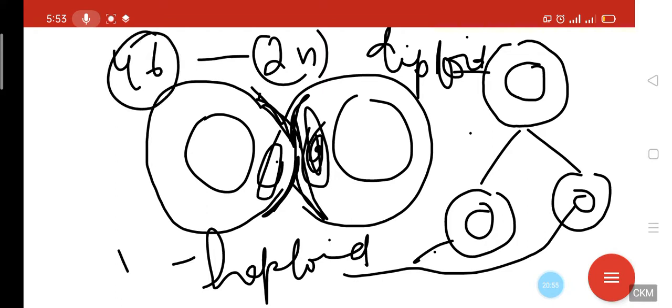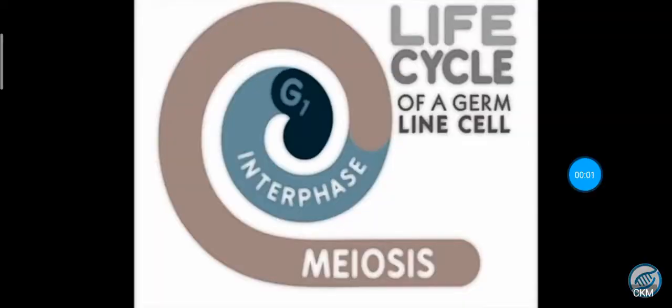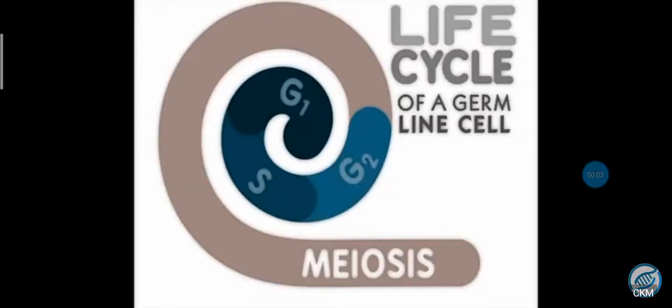Diploid means 2n, having 46 chromosomes, while haploid means 1n, having 23 chromosomes. As you know very well about cytokinesis, it also occurs in plant cells, which we have already learned. Now students, after meiosis 1, the next phase begins, known as interkinesis, similar to the mitosis G1, S and G2 phases, as I told you before.